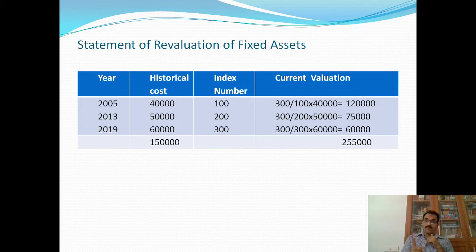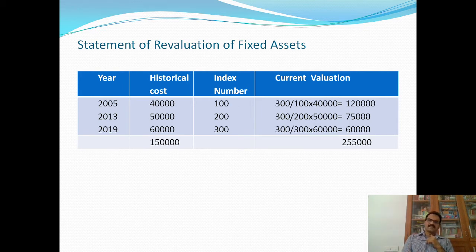Index number at the time of purchase, in the year 2005, was 100. So current valuation equals 40,000 into current year index 300 divided by index at the time of purchase 100, which is equal to 1,20,000. That is the current value of the plant.